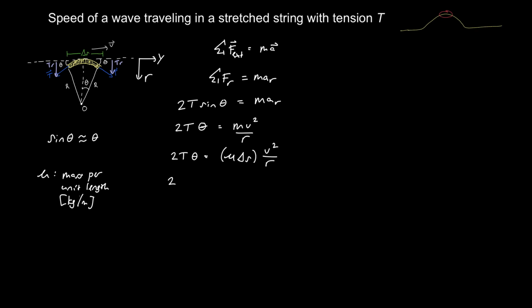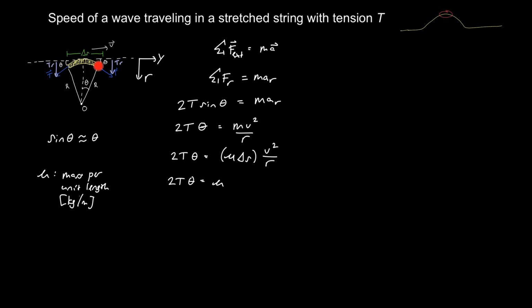Okay, and the next thing we're going to do is a little bit of a geometry trick. So we have mu, the mass per unit length, and now we have this length of the string, delta S, is just an arc of this entire circle, and that arc subtends an angle of 2 times theta here.